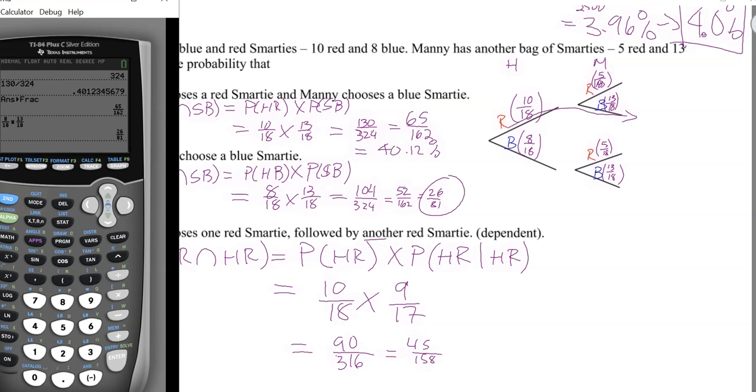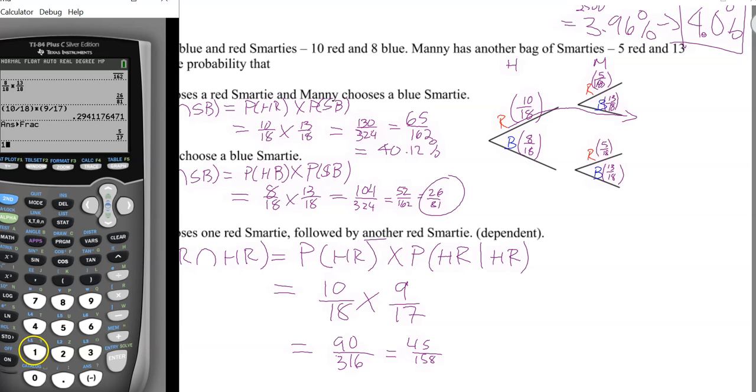Let's find out. Here, bracket this. So 10 out of 18. This will work on anybody's calculator. Times 9 out of 17. Help if that was a 9. Hit enter. Math. Enter. 5 out of 17. Really?